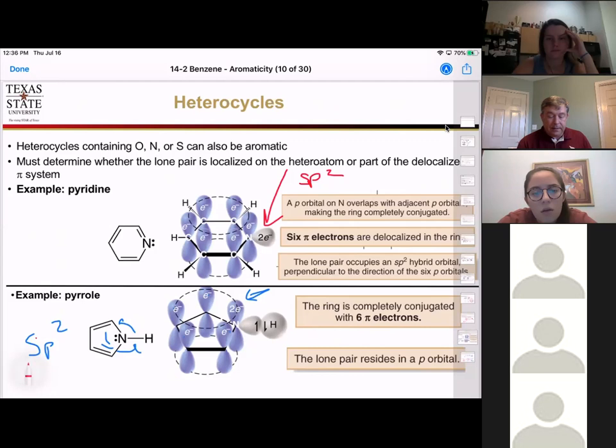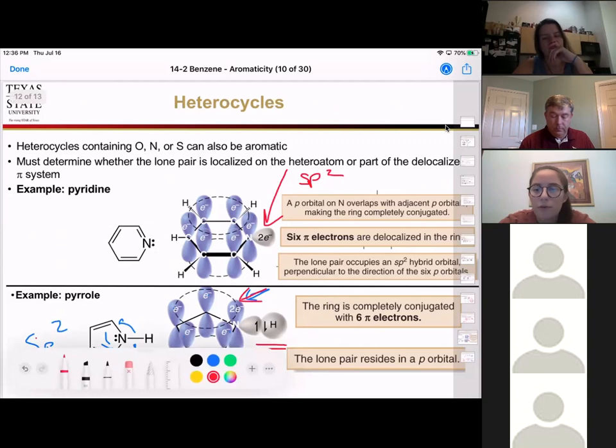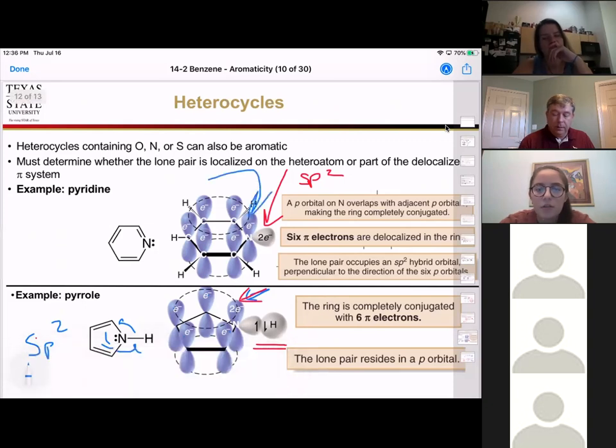But in the case of pyrrole, these 2 electrons are in the p orbital, and the hydrogen that it's bonded to is in that sp2 hybridized orbital. So in pyridine, it's still an aromatic molecule because that p orbital is available for delocalization, and it has 1 electron in it.